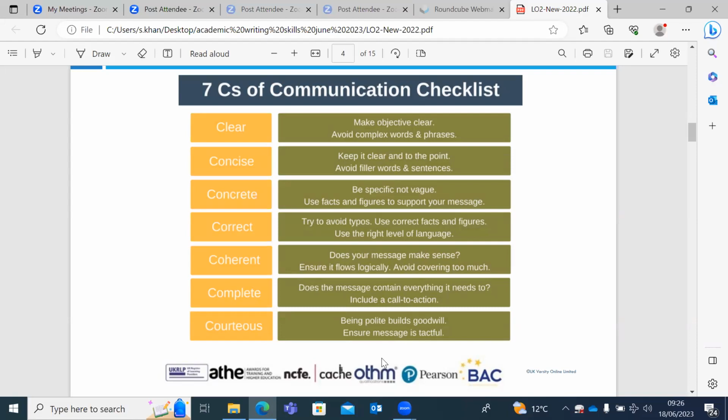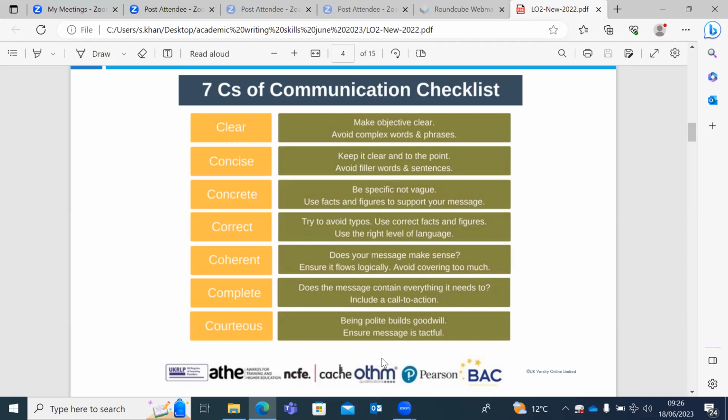To get the right result, you need to ensure the communication is effective and clear, and this is where the 7 C's come into place. The 7 C's is a checklist for ensuring your emails and presentations are clear and that the recipient has a clear message.